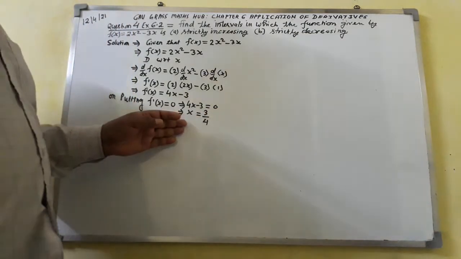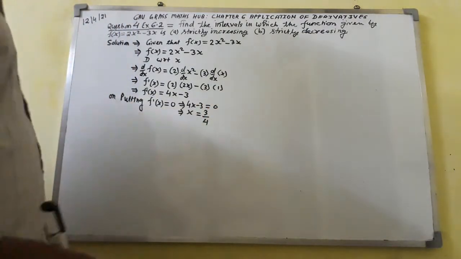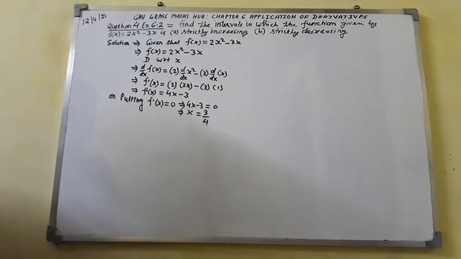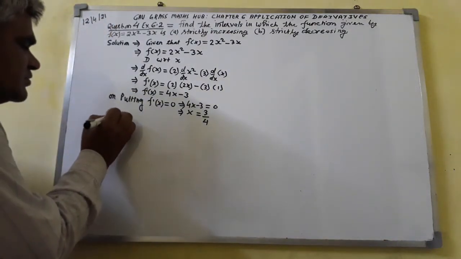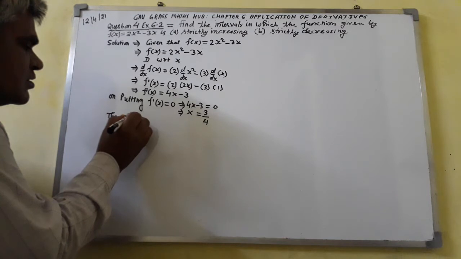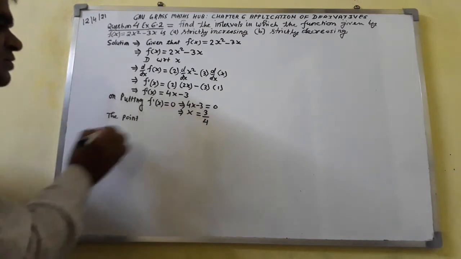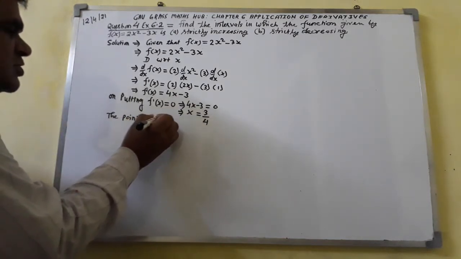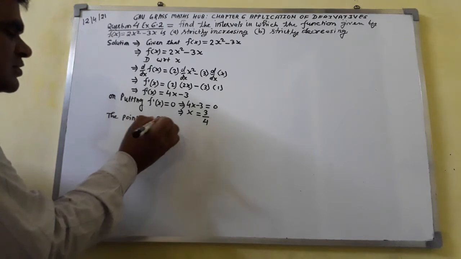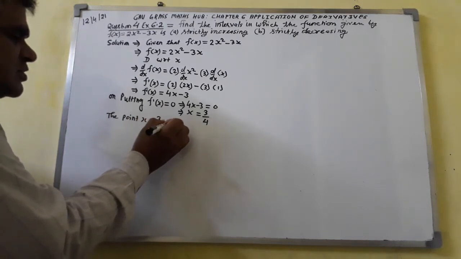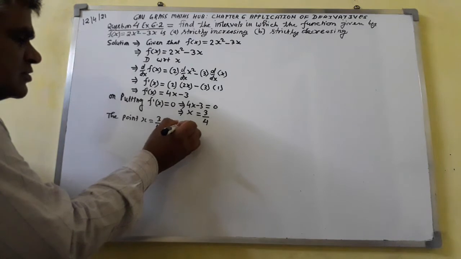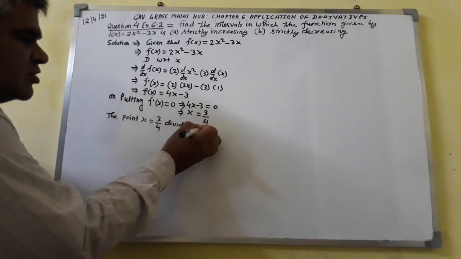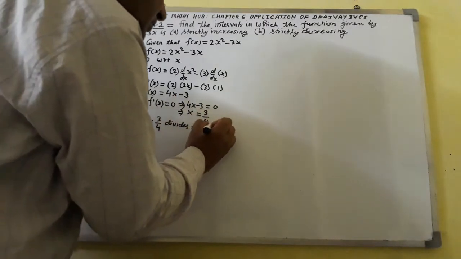Here we have got x equal to 3 over 4. Again I shall write, the point x equal to 3 over 4 divides the real line.